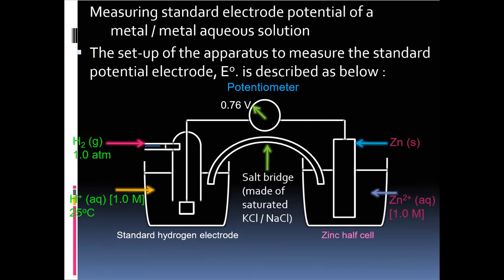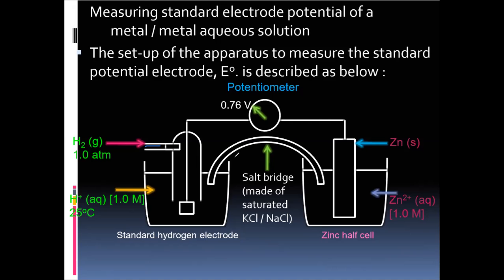Now, in between the two of them is what we call a salt bridge. This salt bridge is made of saturated KCl and NaCl. It allows electrons to be exchanged between the two solutions. So electrons can move from this end to this end, and it also aids mobility.